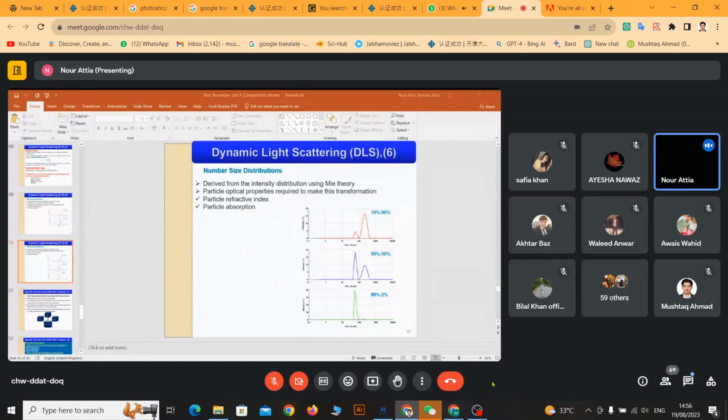And this is not correct. We are dealing with how many particles we have. Then if you use the number distributions, they will show you the high number of particles. It depends on the size. So if, for example, you have 100, the size is 5 nanometers. Then it will give you big.